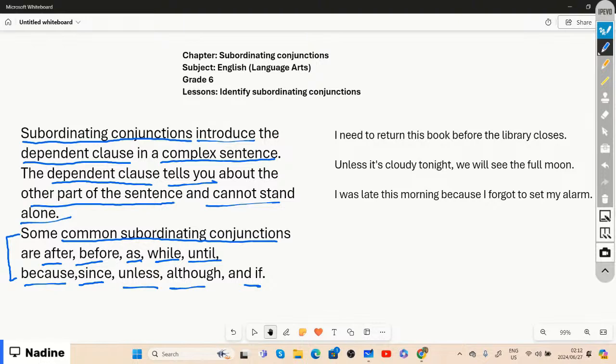If we were to identify our subordinating conjunction within that sentence, we would say it is before. So before is our subordinating conjunction.